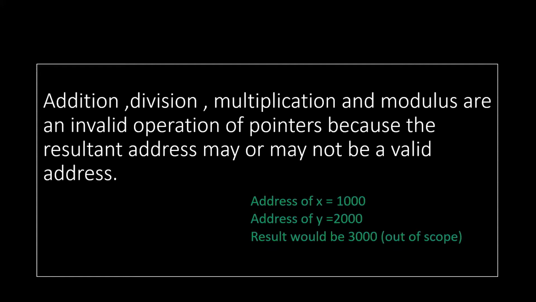Suppose I take a value x and another value y, and the address of x is 1000 and the address of y is 2000. If I add both the addresses, the resultant address would be 3000, and it can be out of scope. In the case of subtraction, we are not getting any out of scope value, we are getting the difference between the two addresses. Here the value can go out of scope. The same is the case with division, multiplication, and modulus.